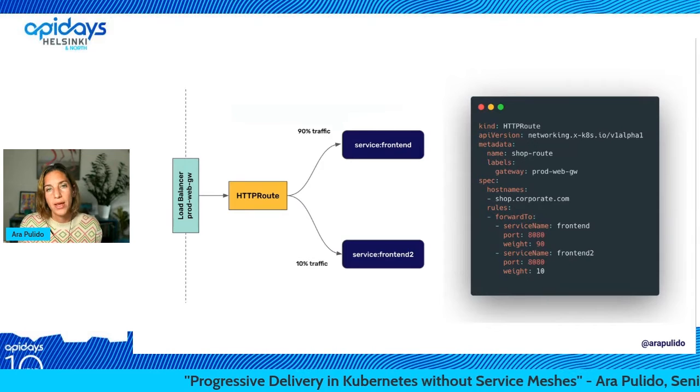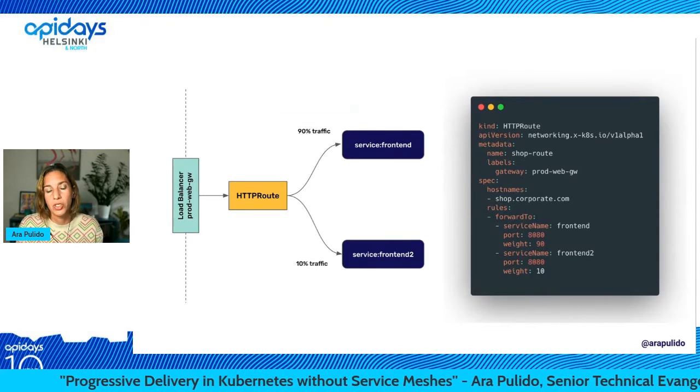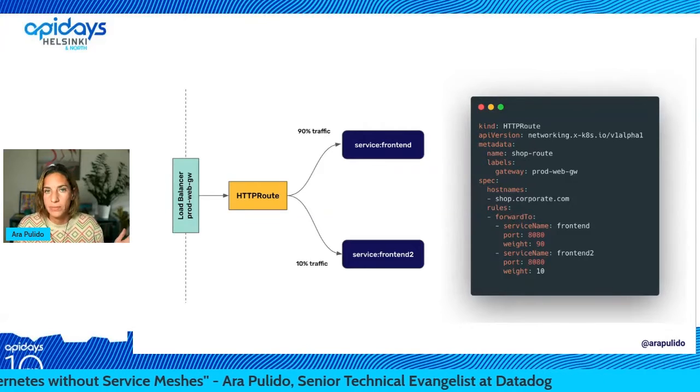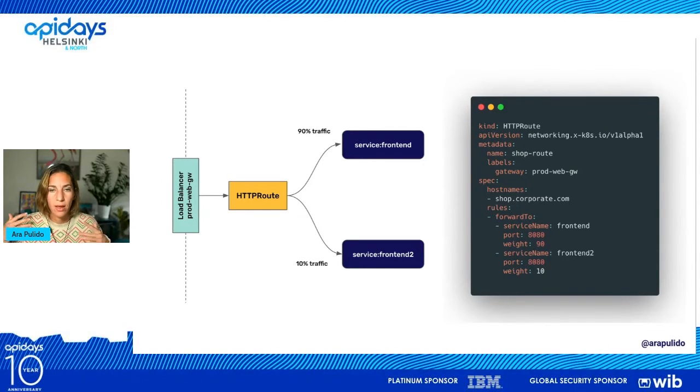And the Gateway API, again, is super rich. It's not like the Ingress object that is only one. It has several objects, Gateway class, Gateway, etc. But I want to mention this one because it's going to be the one that is very, very similar to the Ingress object, which is HTTP route. It's basically L7. And as you can see on the spec, you're able to create a canary and say 90% of the traffic goes to service front end and the other to service front end 2.